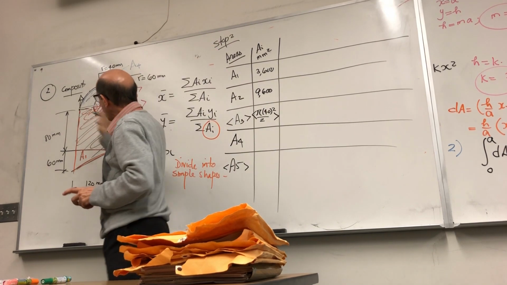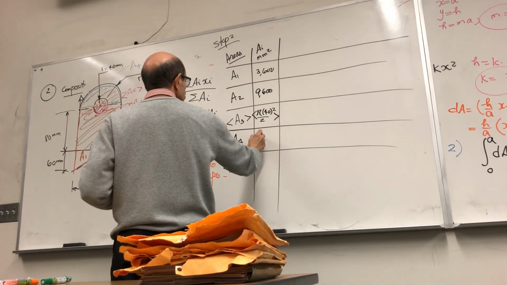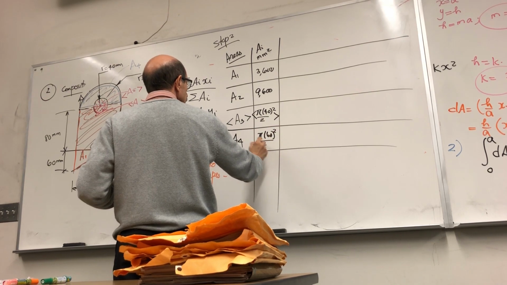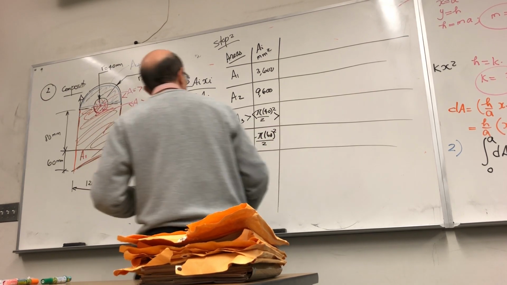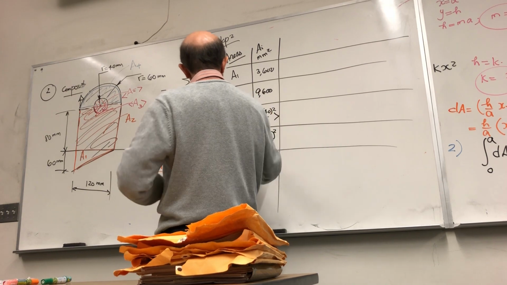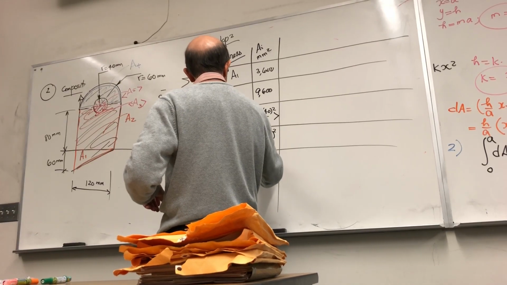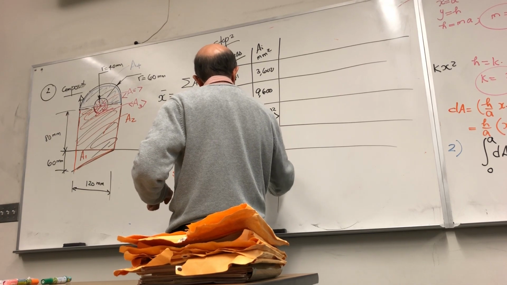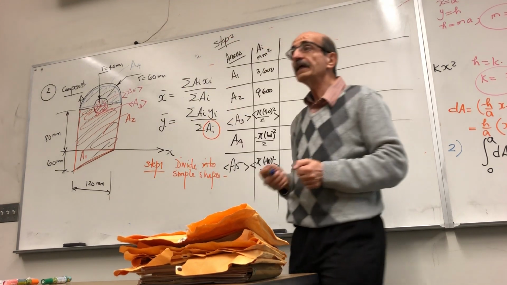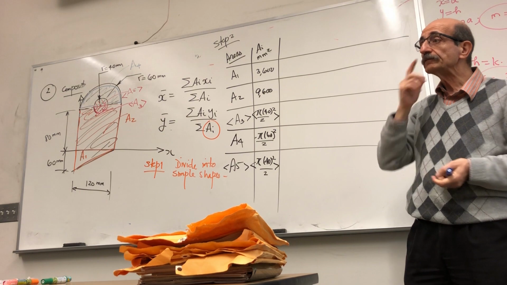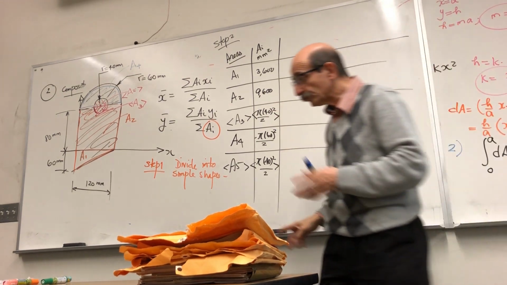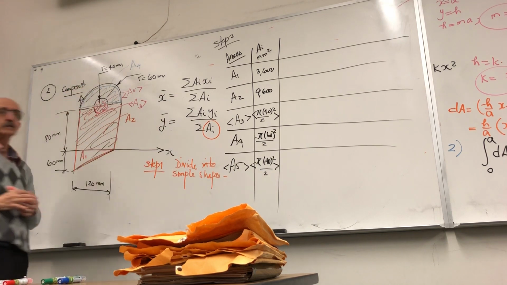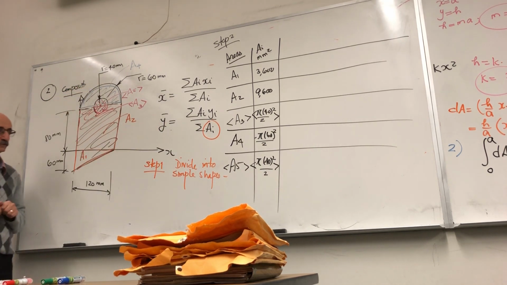For that half circle, you have pi times its radius, 60 squared, divided by 2, okay? And this one is the same as that one, so I have pi 40 squared divided by 2, negative. As I said, these Ai's are the areas of each of these pieces. I'm going to just finish this and stop here, and finish it the next time.